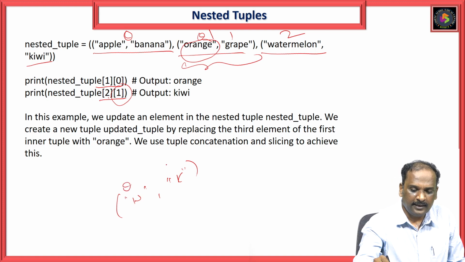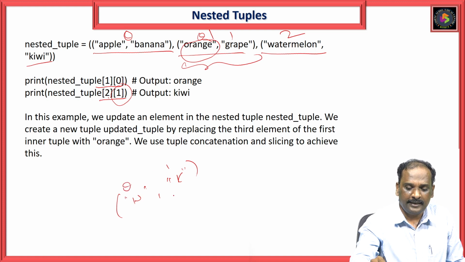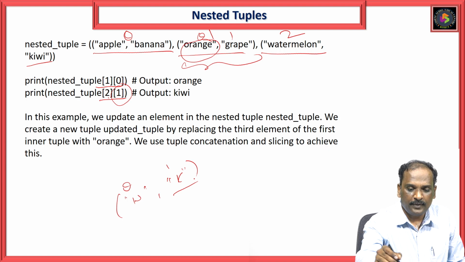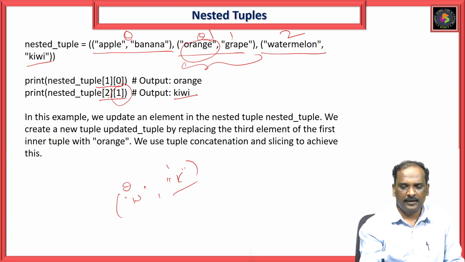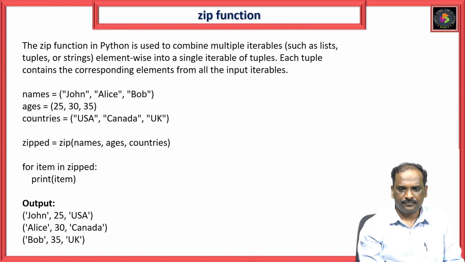So at index 1, what is it containing? It is containing kiwi fruit. So when I display print of nested tuple of 2, 1, I will get the value as kiwi fruit. So if I use 2 subscripts, I will get the value. If I use a single subscript, I will get the tuple. So this is how we can access the elements in a nested tuple.